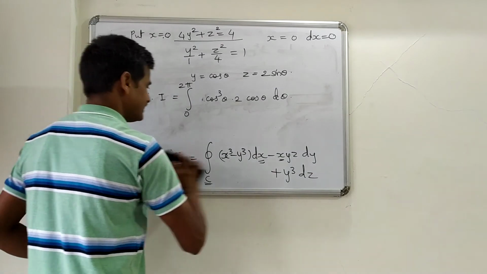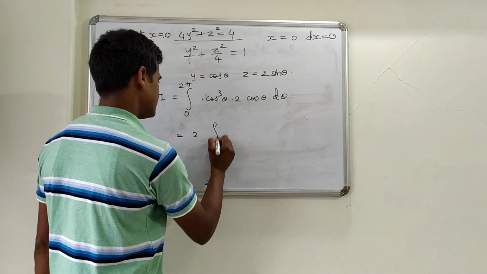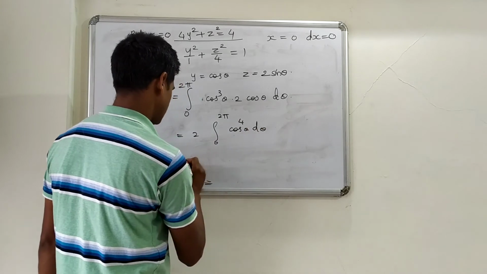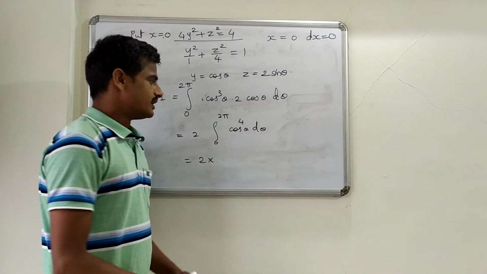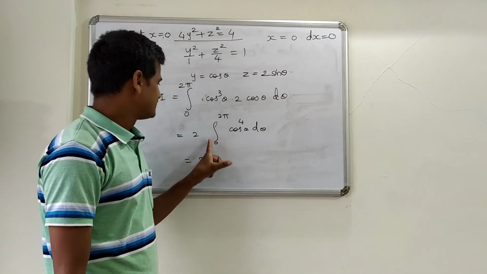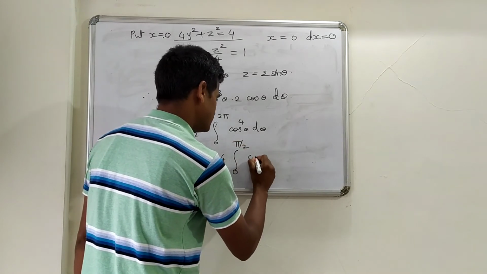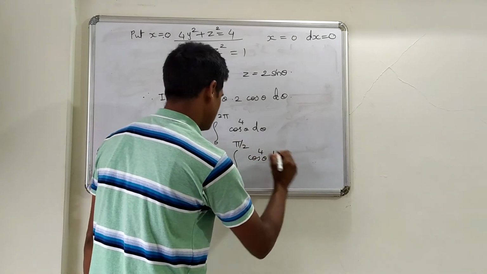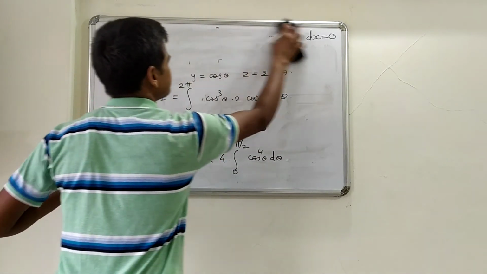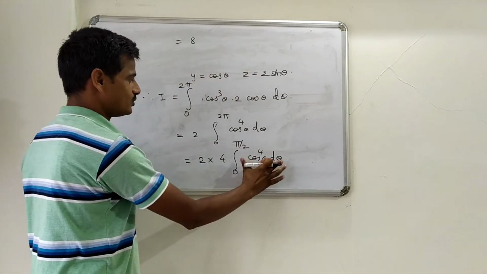Now solve this simple integral. It is just 2 times the integral from 0 to 2 pi of cos theta raised to power 4 d theta. Since the power of cos theta is even here, the integral from 0 to 2 pi becomes 4 times the integral from 0 to pi by 2 of cos to the power 4 theta d theta, so it becomes 8 times the integral from 0 to pi by 2.